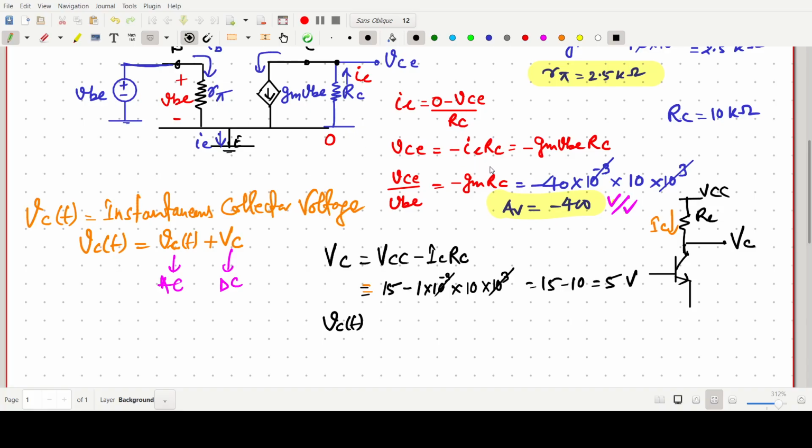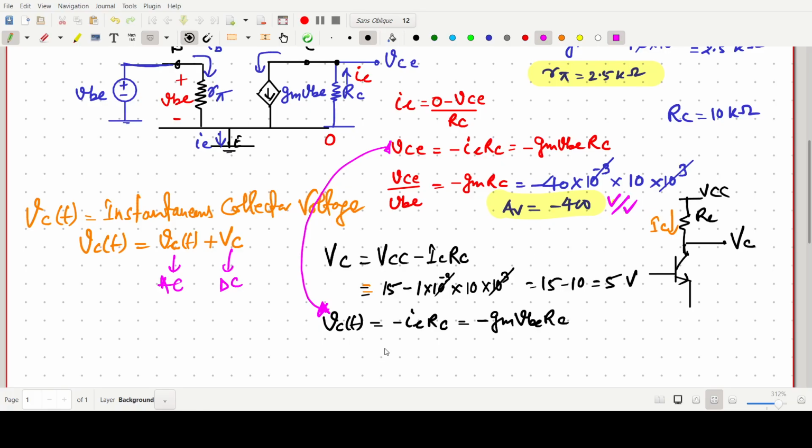This VCE is simply minus ICRC, and IC is GM times VBE. So one can write minus GM into RC, because this is the same thing.